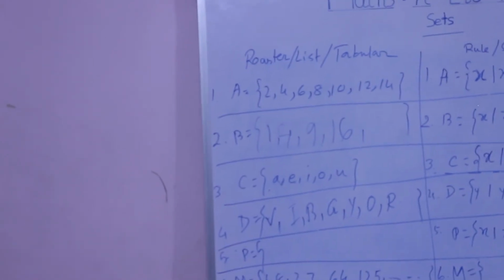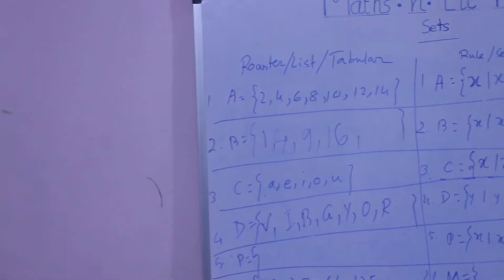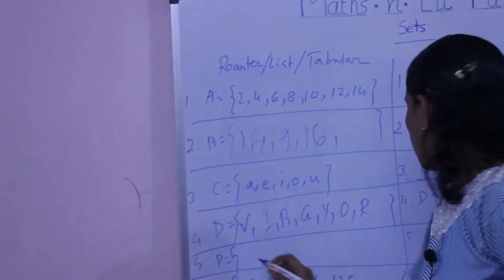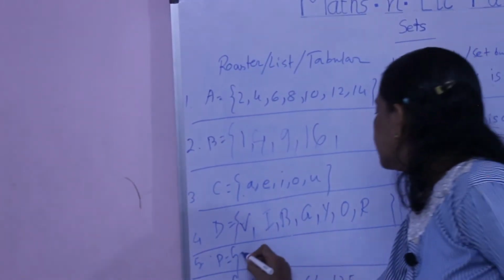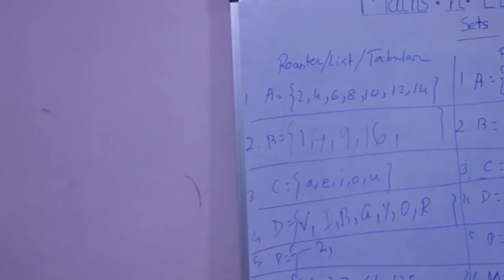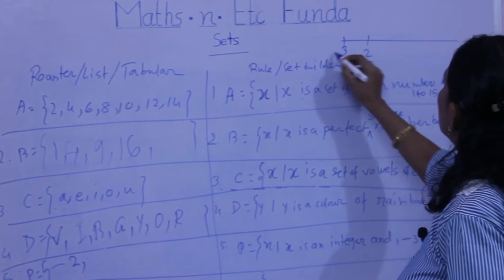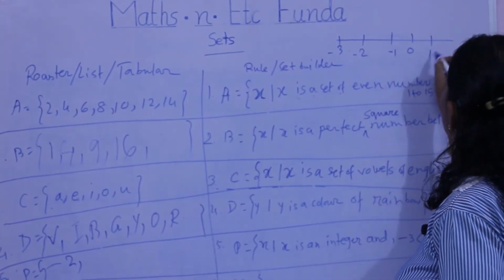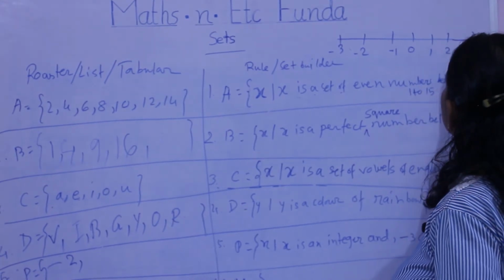On the number line it will be like this: -3, -2, -1, 0, 1, 2, 3.